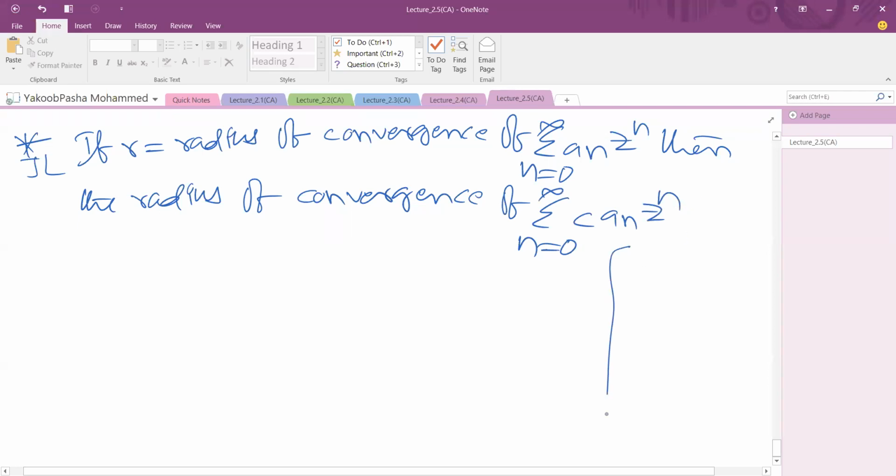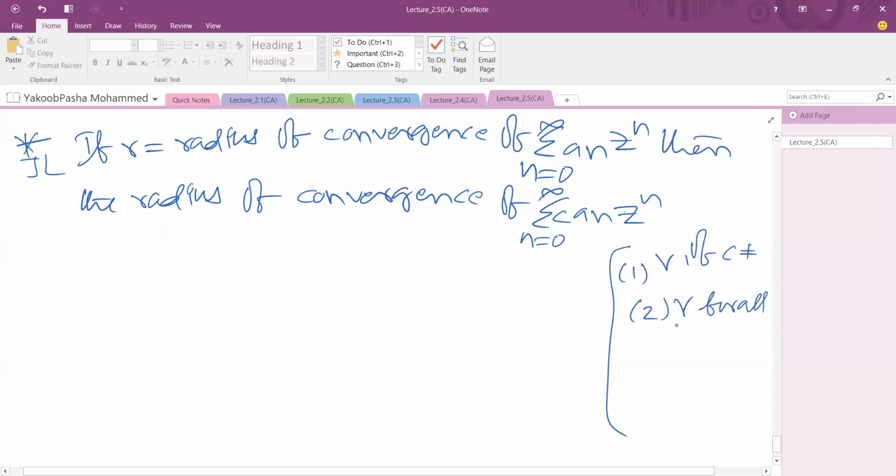Okay, this is the problem. Now we have options. First option, or if c not equal to 0. Second option, or for all c, c not equal to 0, he mentioned.